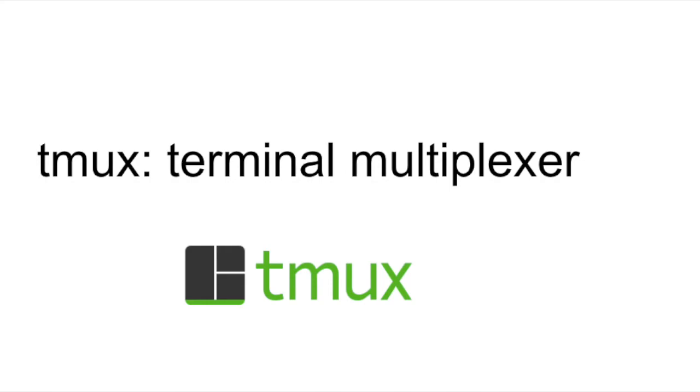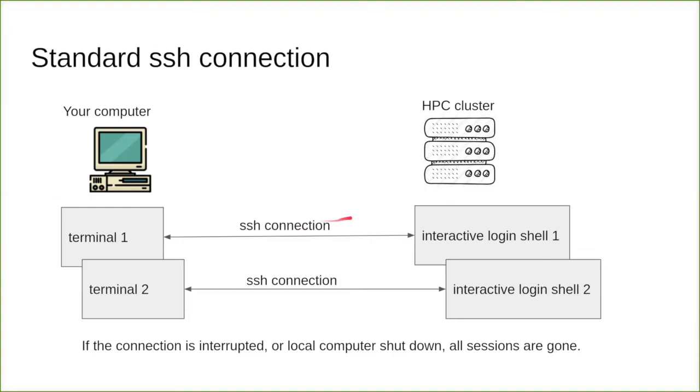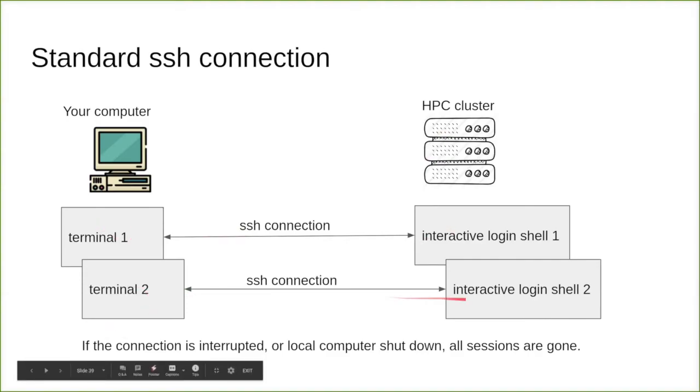In a typical connection, a lot of times we find ourselves opening multiple windows to work on the clusters or on remote servers, because we use different windows to do different things. And sometimes it's convenient to have multiple windows displayed on our desktop to see things at the same time. A standard way to do this is to create a new terminal and make an SSH connection, create another terminal and make another connection.